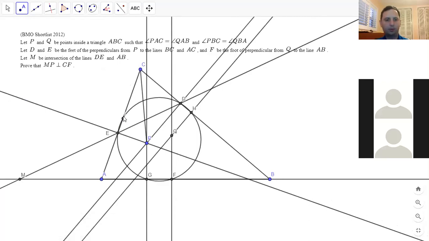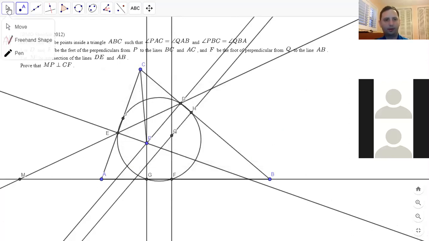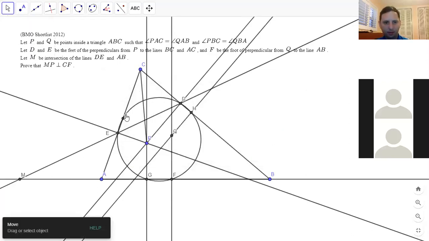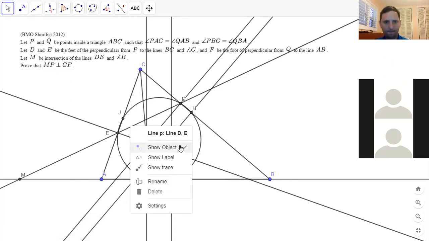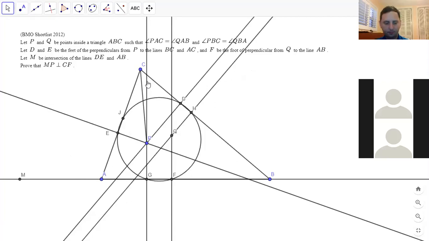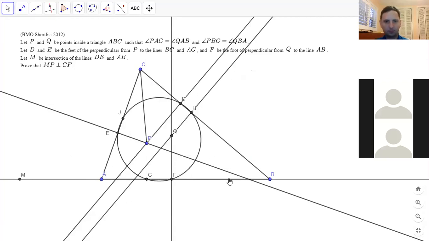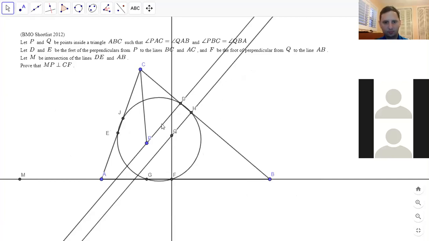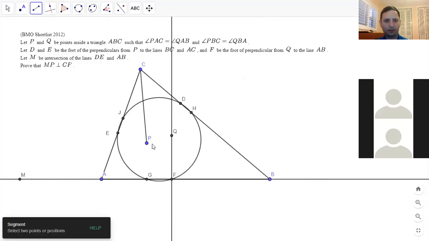I don't like I, I'll call it J. So QJ is perpendicular to AC. Let me hide some of the stuff I don't need. Okay, but I'm going to draw all the perpendiculars.